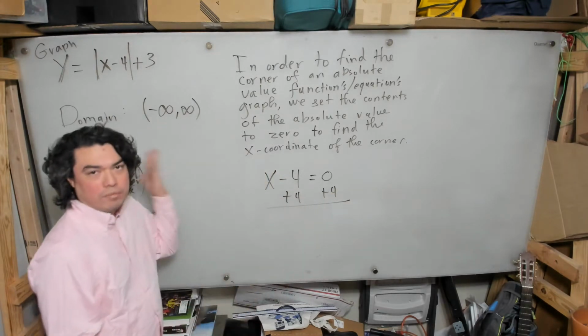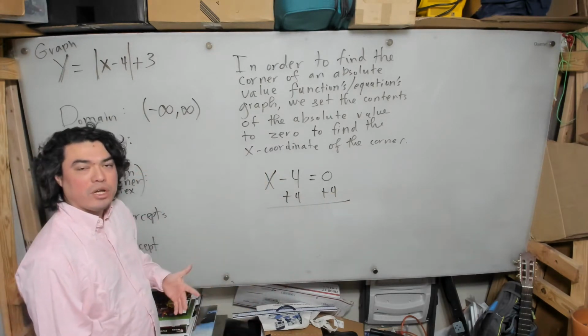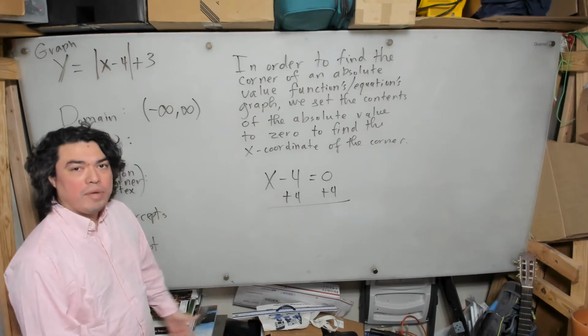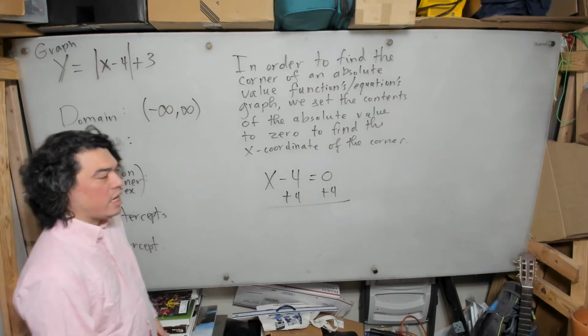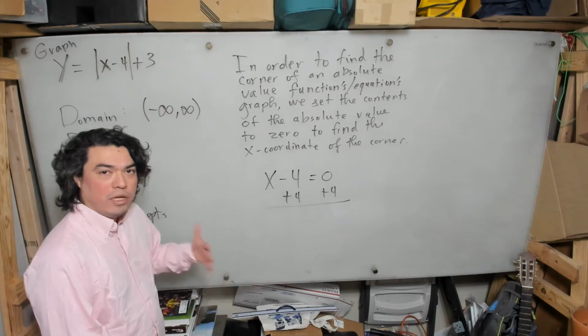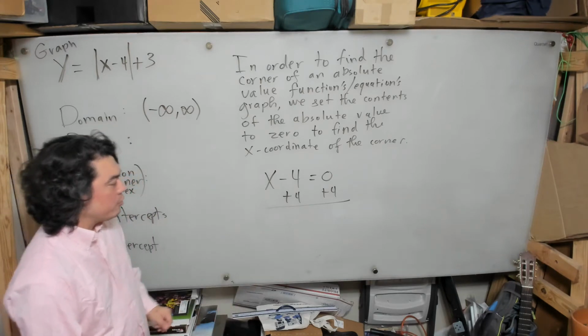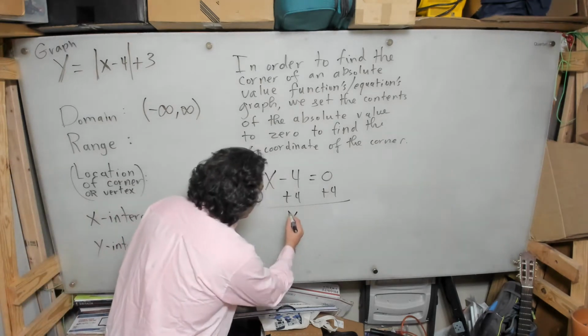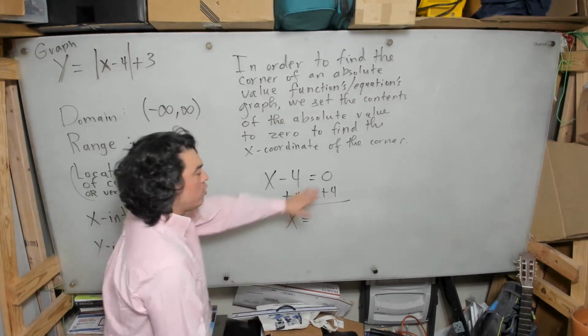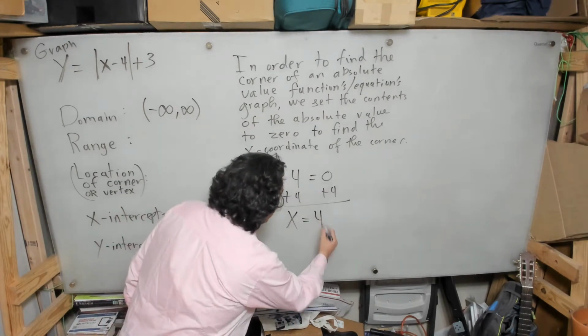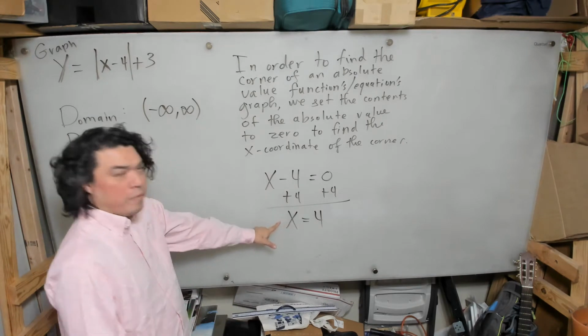I'm starting with a simple example because this way the process becomes elucidated and you'll be able to graph these with confidence. As we do harder examples, it'll be easier to follow having seen the simple example first. You can see here on the left, I'm left with just x by itself. x equals what? What's 0 plus 4? 4, okay? So that's the x coordinate of my corner.